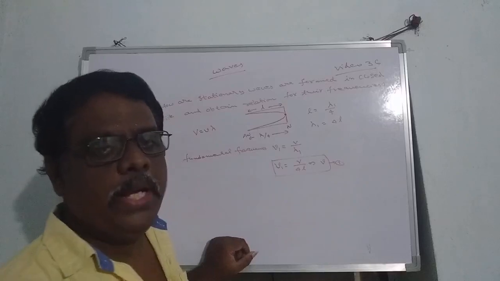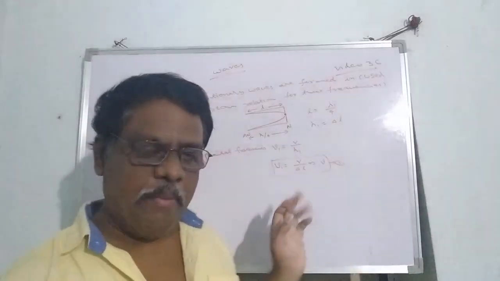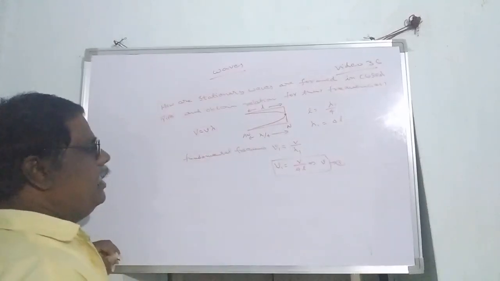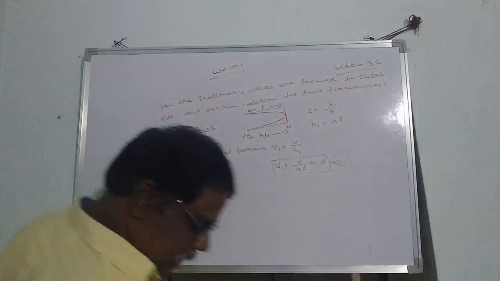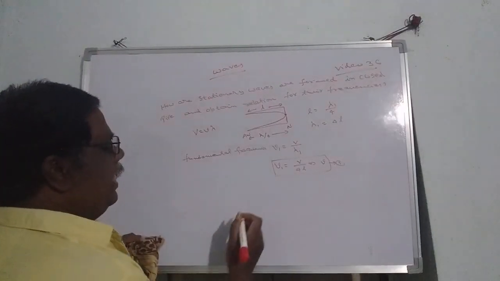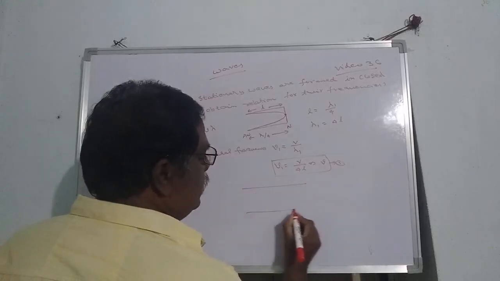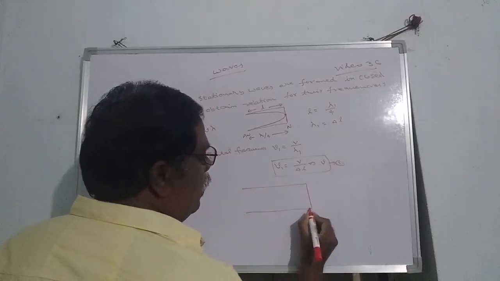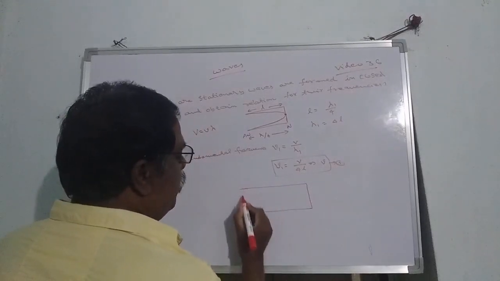What is meant by harmonic? Integral multiples of the fundamental frequency are called harmonics. Next, how will the second be formed? Let us say the second harmonic: in the second figure, the number of nodes and antinodes will be increased. Here this is the closed end and here it is the open end.